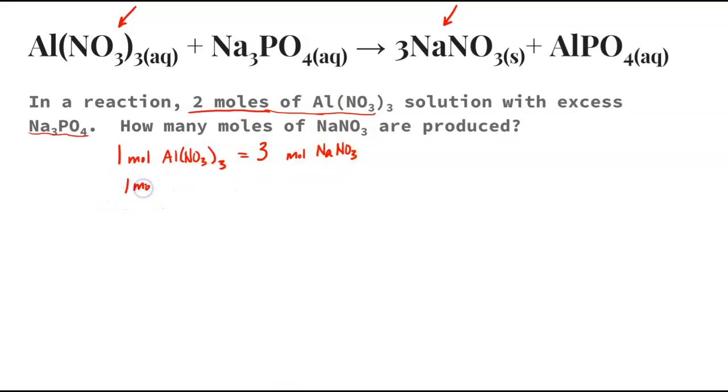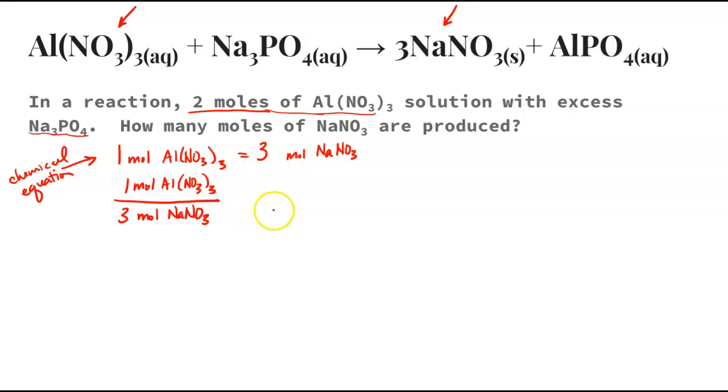That can mean that I have 1 mole of aluminum nitrate on the top with the 3 moles of sodium nitrate on the bottom. Just a reminder, I'm using the chemical equation to determine this ratio, not the question that I am trying to answer.